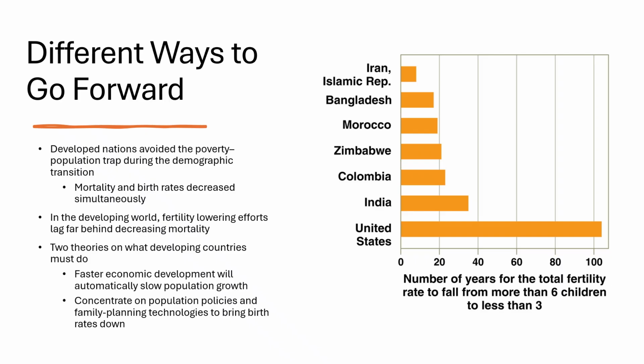Either increase their economic development, and then this will somewhat slow down the population growth, or they can focus on policies that will help with family planning to try to slow down the birth rate.